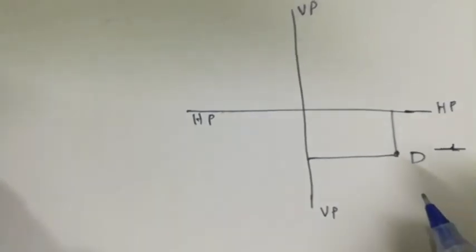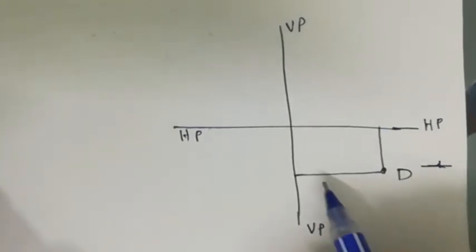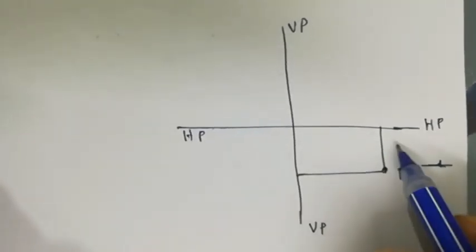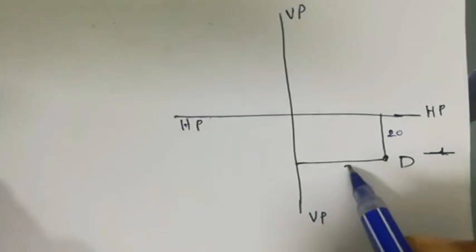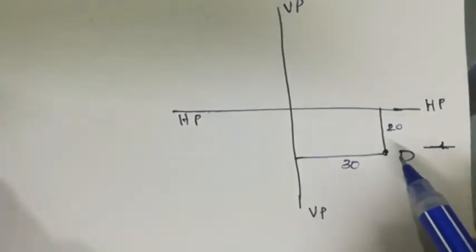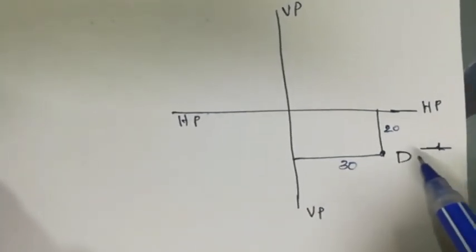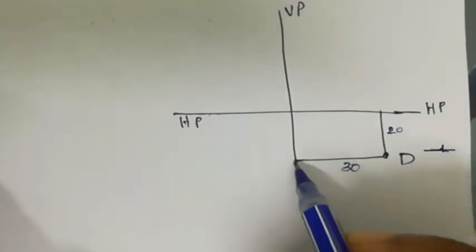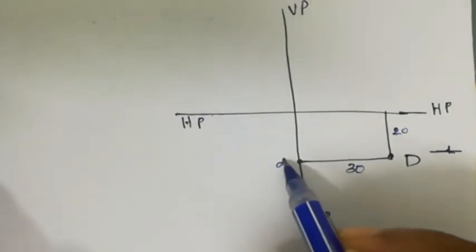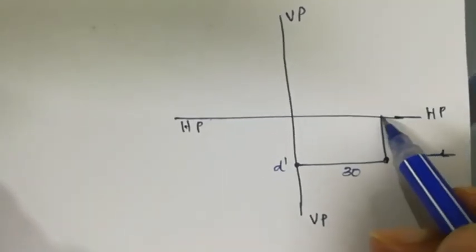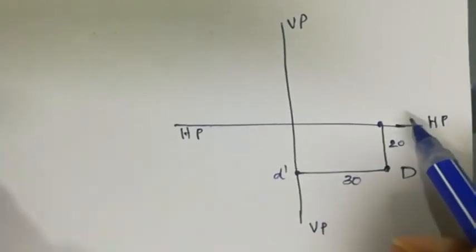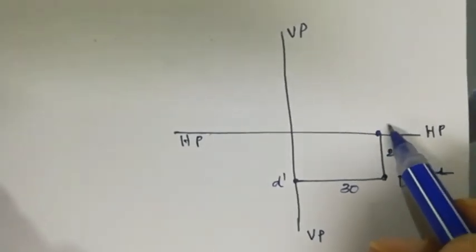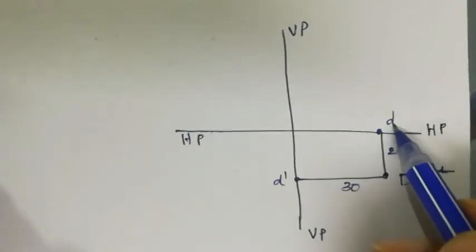Now the point is in the fourth quadrant, so that is 20 mm below HP and 30 mm in front of VP. The person is looking from here, and of course the front view is obtained on the vertical plane, that is D dash, and the top view will be obtained here, that is on HP, that is small d.